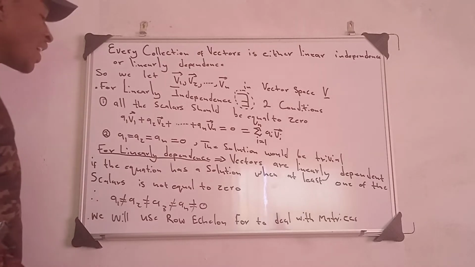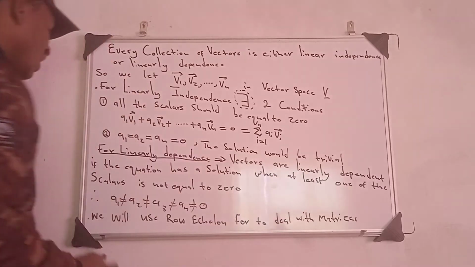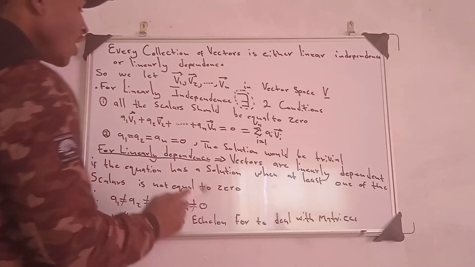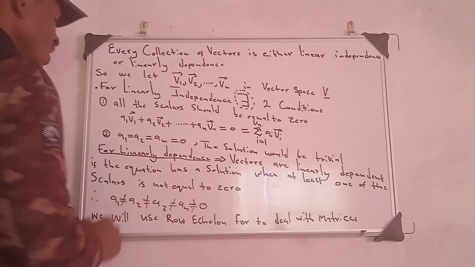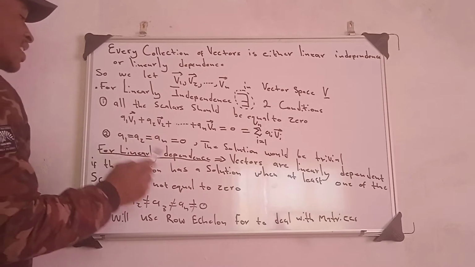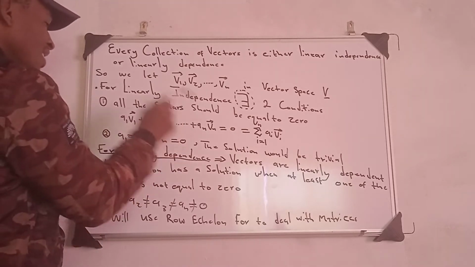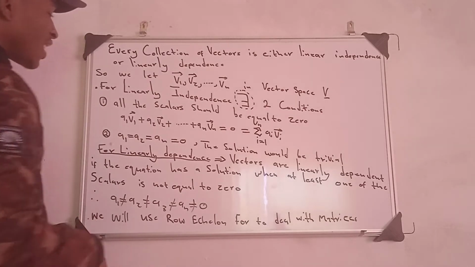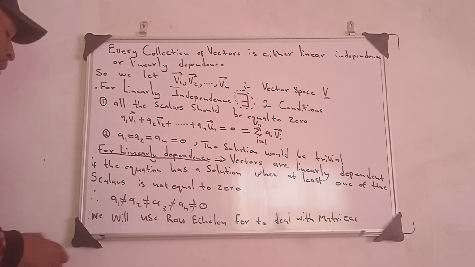But for linear dependence, we say that vectors are linearly dependent if the equation has a solution where at least one of the scalars is not equal to 0. If this equation has at least one scalar that is not 0, then the vectors cannot be linearly independent, so they are linearly dependent. What do we mean by that?